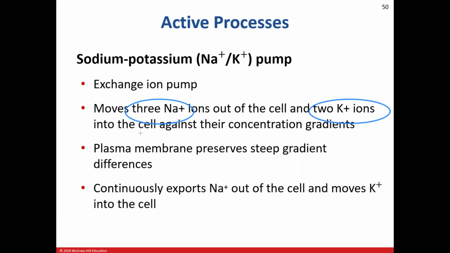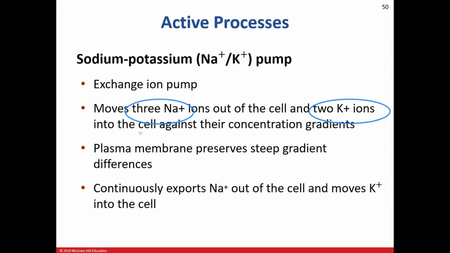And so as the sodium potassium pump works, it's moving these ions against their gradient. So it moves 3 sodium ions out of the cell, and it moves 2 potassium ions into the cell. And this allows the plasma membrane then to maintain or preserve the steep gradient for these two ions.